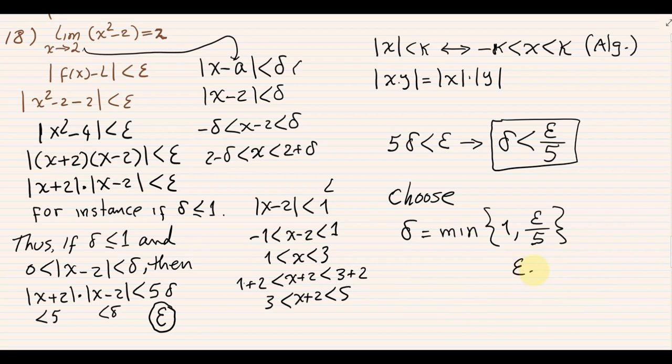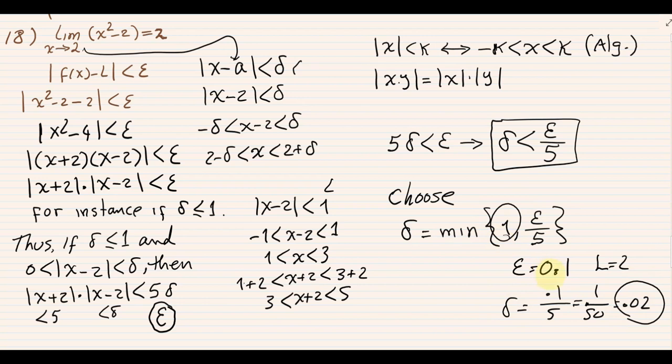What if I want to be within 1/10 of the limit? Remember, the limit is 2. It's right up here, right? The limit is 2. So if I want to be within 1/10 of 2, let's do 0.1 divided by 5, right? So that's going to be 1/10 over 5, so that's 1/50th as a fraction, which means 0.02, right? And that's what delta should be. 0.02 is less than 1.